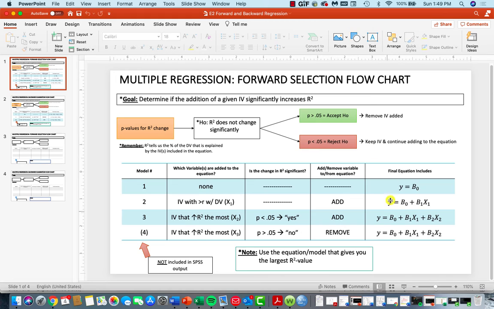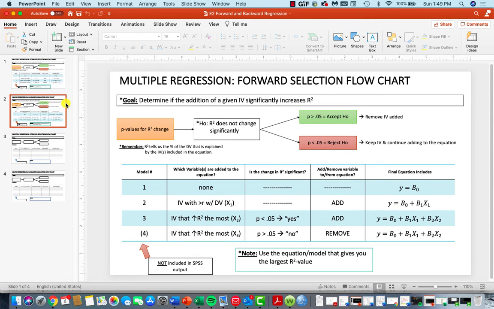But the process of forward selection is that you're adding independent variables into the equation such that you're significantly increasing R squared. When you stop increasing R squared significantly, that's where you stop your forward selection process. Okay.